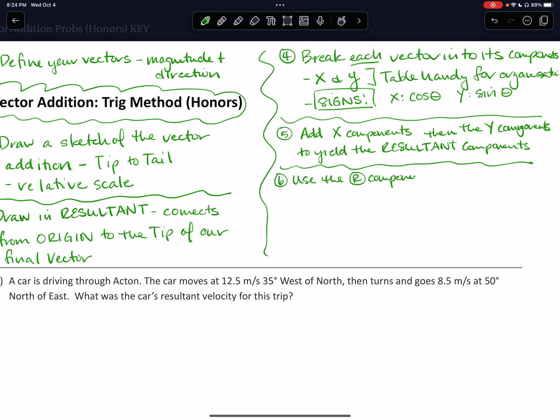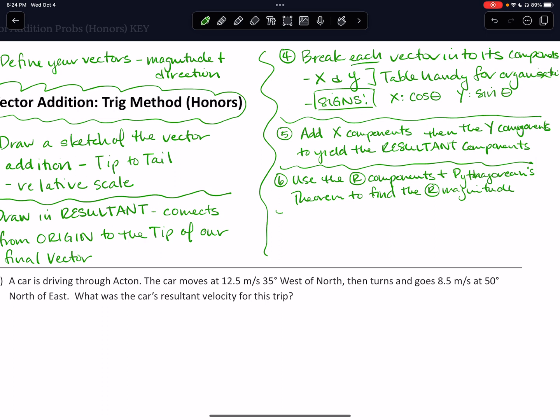All right, next, we're going to use those resultant components and our favorite theorem to find the resultant magnitude. So again, r squared equals a squared plus b squared, or in this case, r squared equals x squared plus y squared.